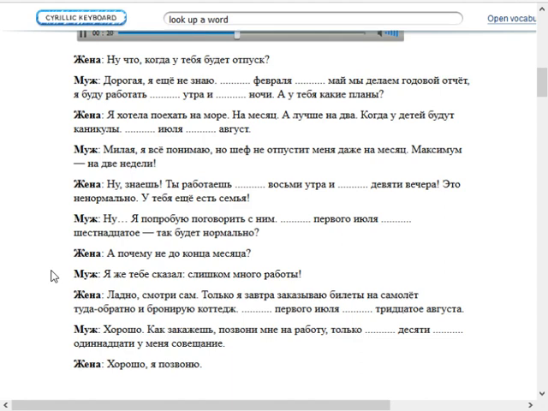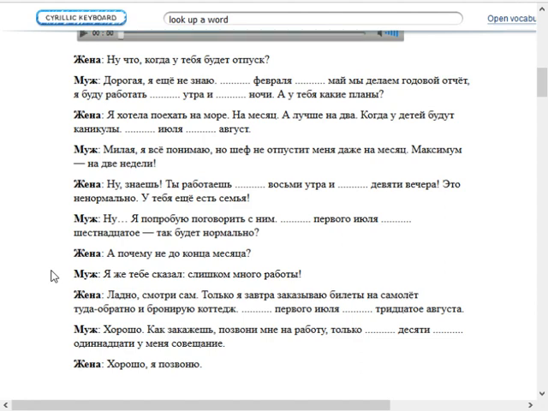У тебя еще есть семья. Ну, я попробую поговорить с ним. С 1 июля по 16 так будет нормально? А почему не до конца месяца? Я же тебе сказал, слишком много работы. Ладно, смотри сам. Только я завтра заказываю билеты на самолет. Туда-обратно и бронирую коттедж. С 1 июля по 30 августа. Хорошо, как закажешь, позвони мне на работу. Только с 10 до 11 у меня совещание. Хорошо, я позвоню.